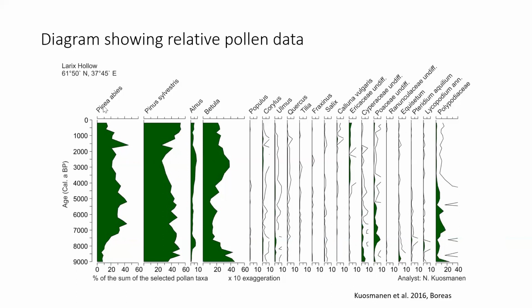Basically there's spruce, pine, alder, birch, and here you can see the relative change when there's, for example, more pine and birch, there's less spruce, but then there's a change in the vegetation and the relative amount of spruce increases while, for example, birch decreases, and so on. You can see the changes.